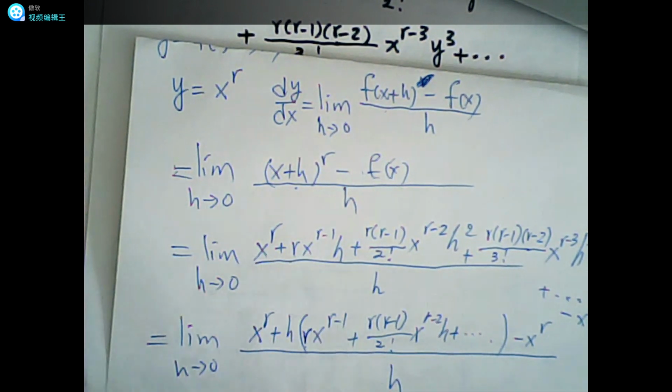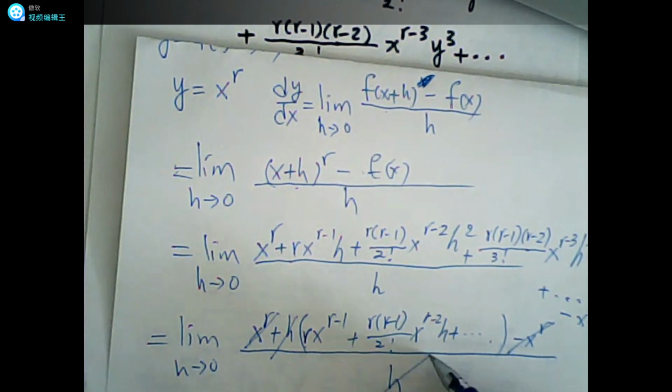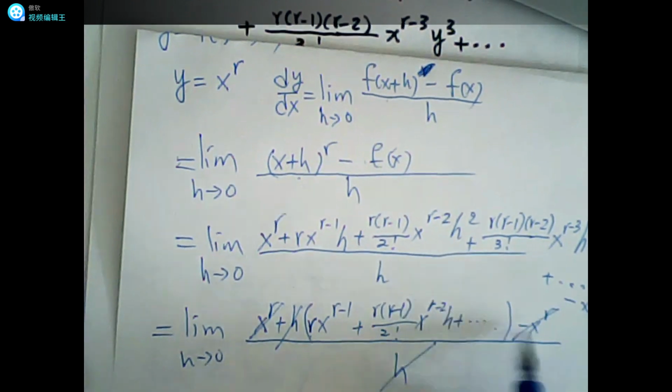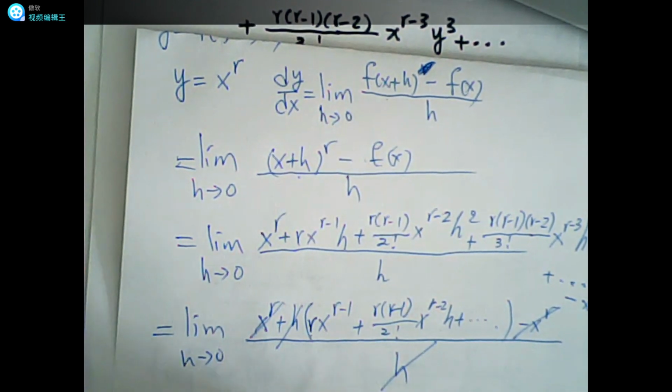Okay, this is r here. So now, this cancels with that, and h cancels with h. As h goes to 0, all the terms disappear. Only one is left over, so that is r times x to the power r minus 1.